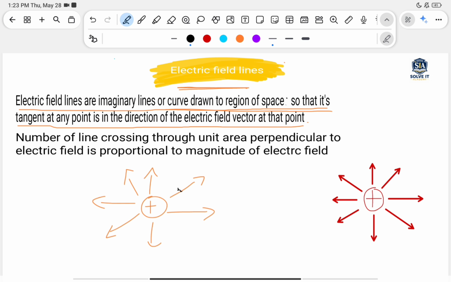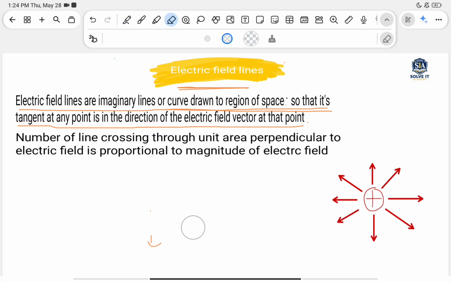If I am taking this point, the electric field is in this direction. That is nothing but electric field lines, and these are imaginary lines, just like magnetic field lines.